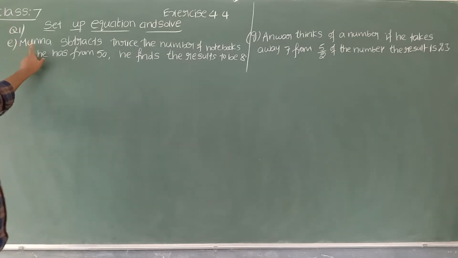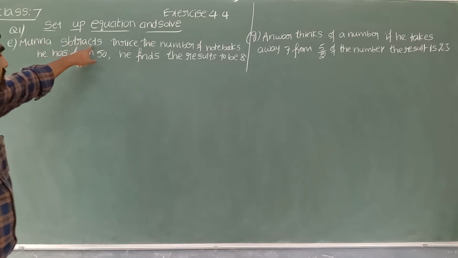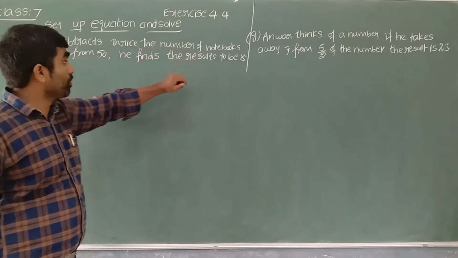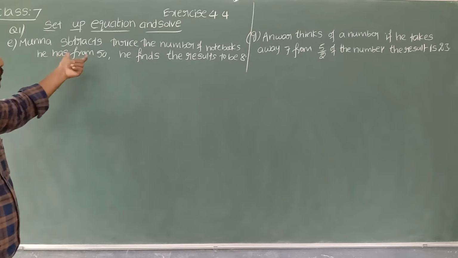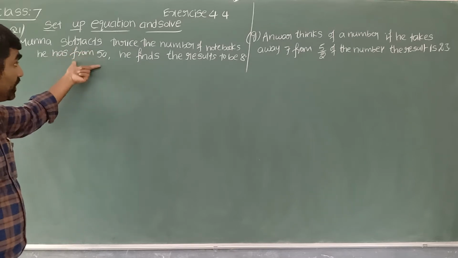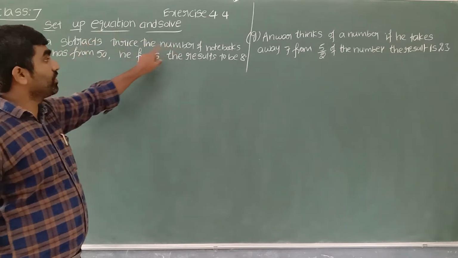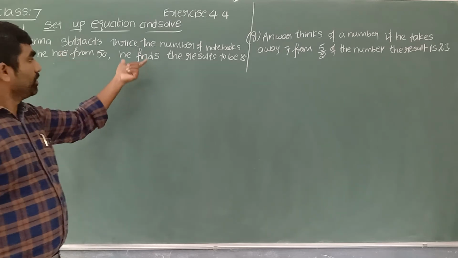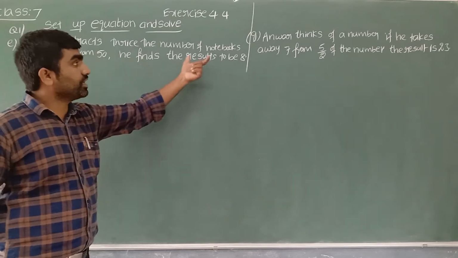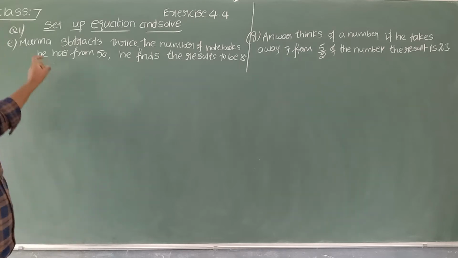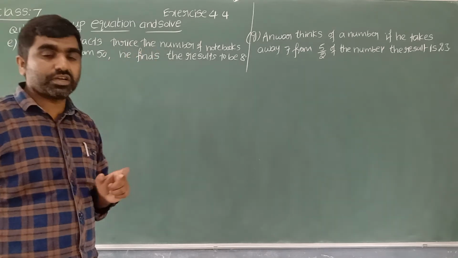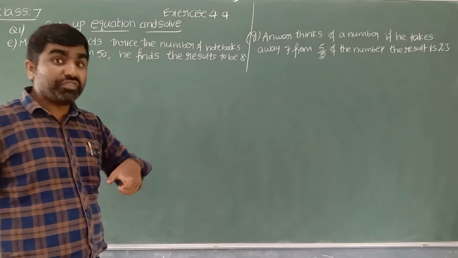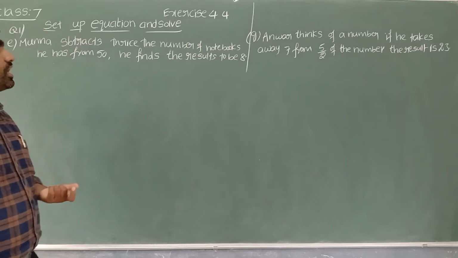Now here see one example. Munna subtracts thrice the number of notebooks he has from 50. From 50 he is going to subtract thrice the number of notebooks he has, and by doing this, he finds the result to be 8. Now after reading this statement, first our primary task is to identify what is the unknown value.